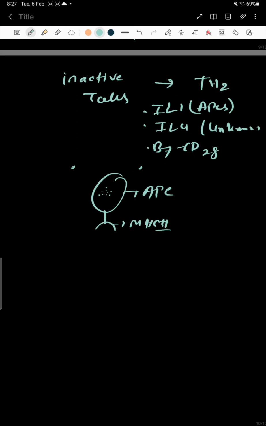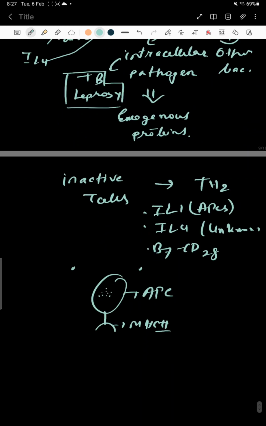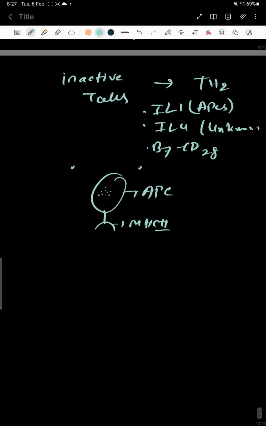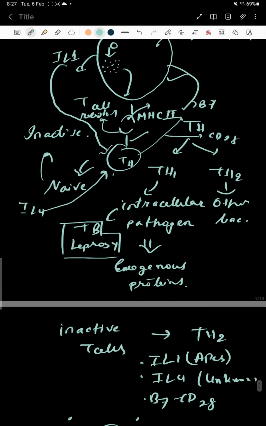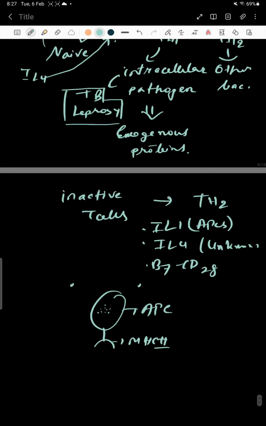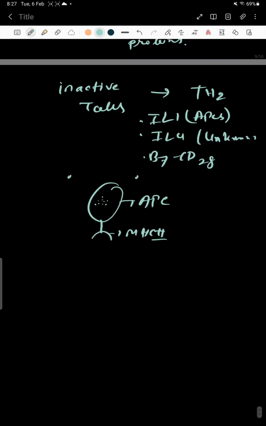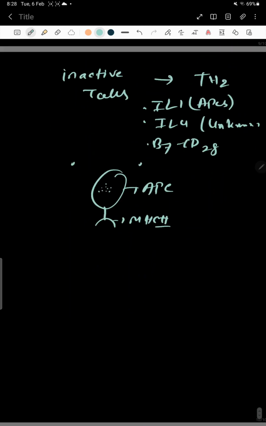If it were an intracellular pathogen, like tuberculosis and leprosy, we would have gone for MHC, what MHC? MHC2 only. So this is the whole process.